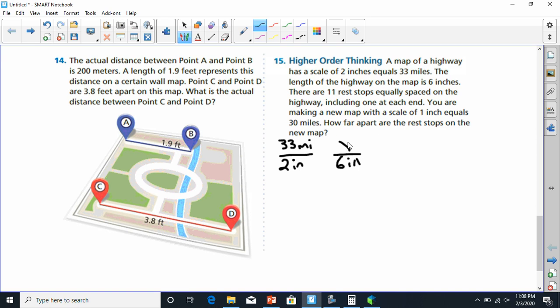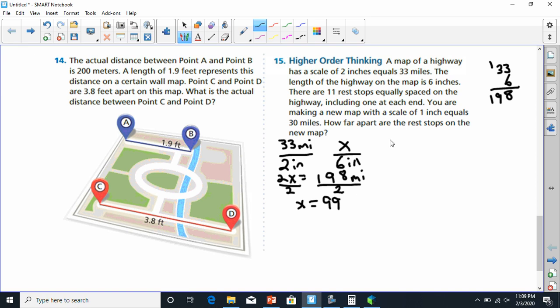So we're trying to find the distance. Well, this is going to be 2 times x, which is 2x, has got to equal 33 times 6. Let's see, 33 times 6 is going to give us, well, 3 times 6 is 18. Carry the 1, that's 18, 19, so that's 198. So it's going to be equal to 198 miles. And now we have to divide 2 away from 2x to find out what x is by itself, which means we divide 198 by 2. So x has to equal 99.